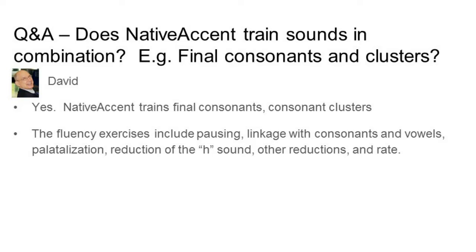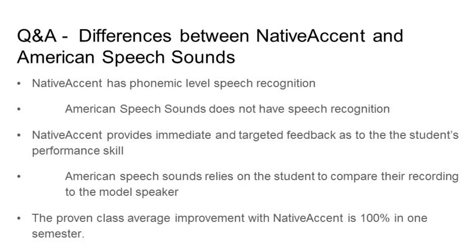Yes. Hi, I was one of the instructors in our department who piloted American Speech Sounds. Are you familiar with that? Sure. And in the end, we found out it would not be cost effective for our program. How is this program different than that? I don't know how their pricing works because they don't share that with me, obviously.